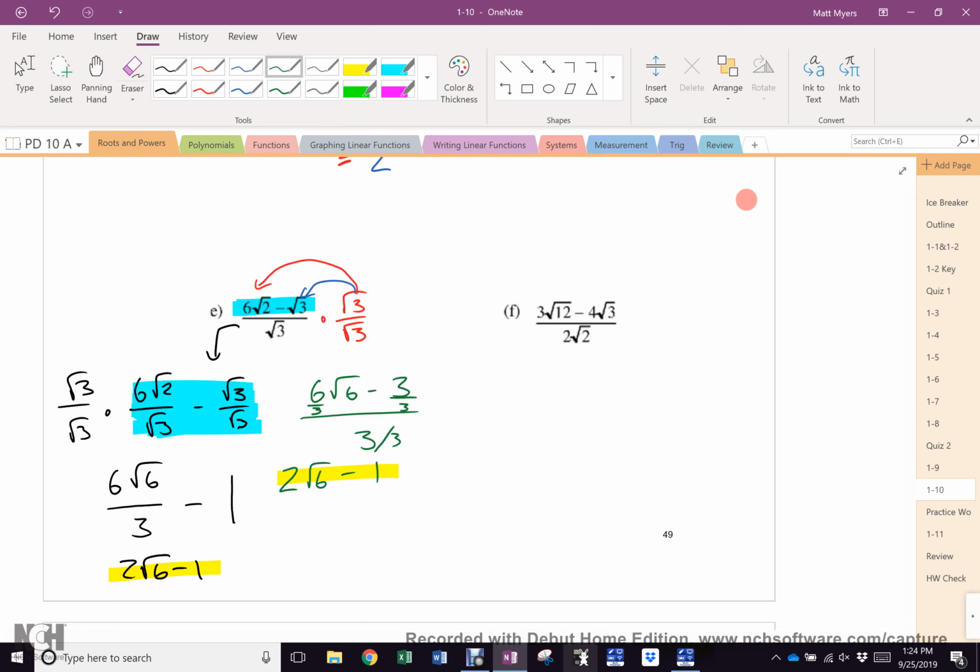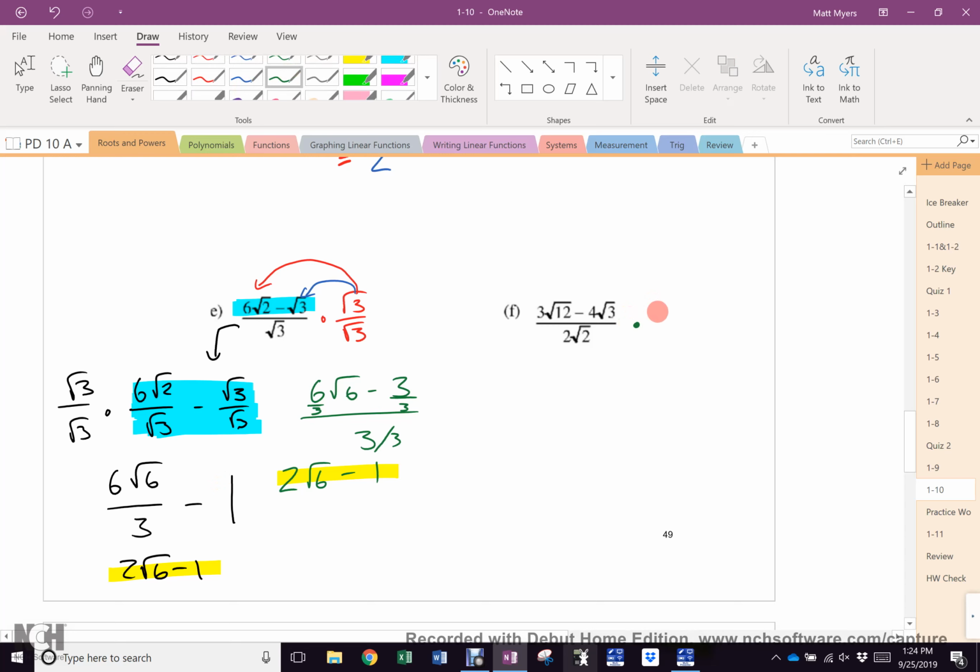So for F, what would be divided by? Like, not divided by. So for the second one, you answer the question. The one, the green way or the black way? Green way. If you were going to do the green way here, you would multiply by... Now, what bothers us in that denominator? The 2 or the root 2?